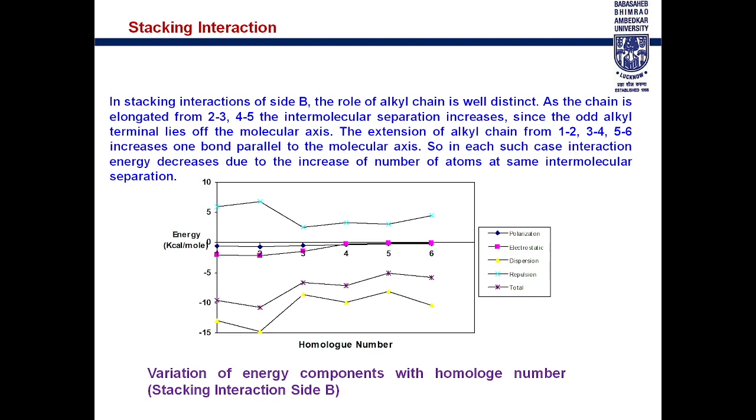So in such a case, interaction energy decreases due to the increase in the number of atoms at the same intermolecular separation, and one can see the pronounced odd-even effect in the side chain.